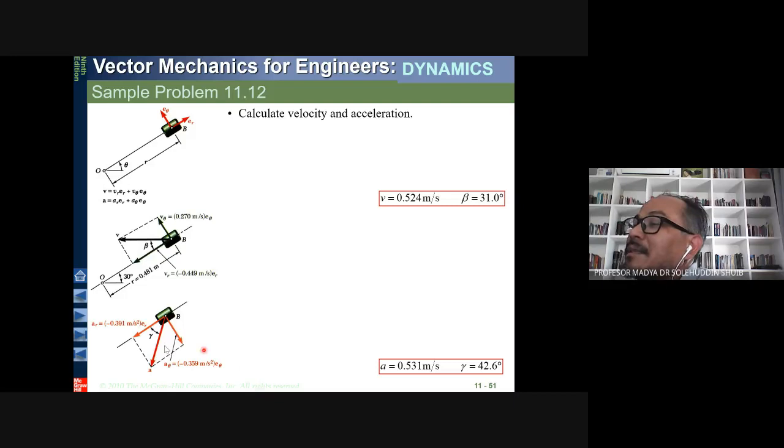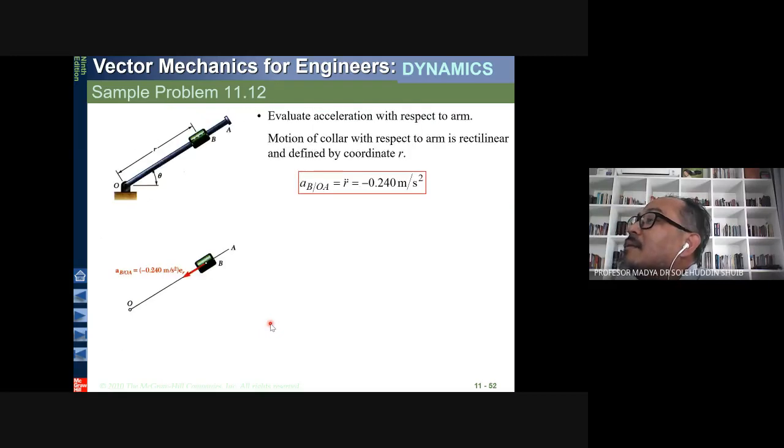Then this is the answer, and it shows the direction graphically. And this is how to find the acceleration of B with respect to the arm OA.